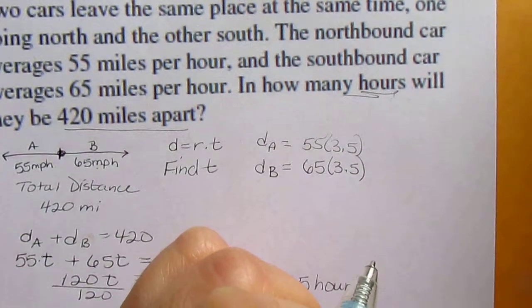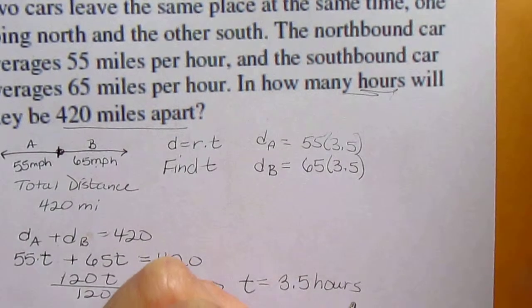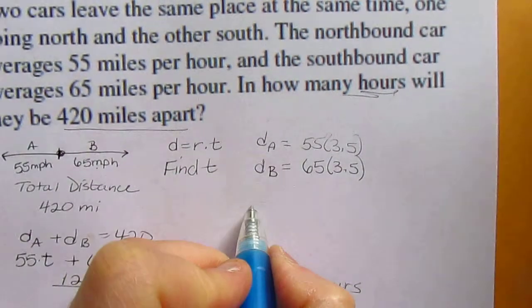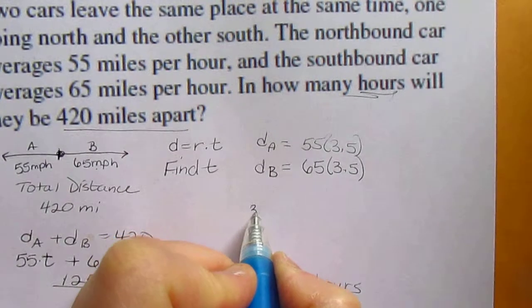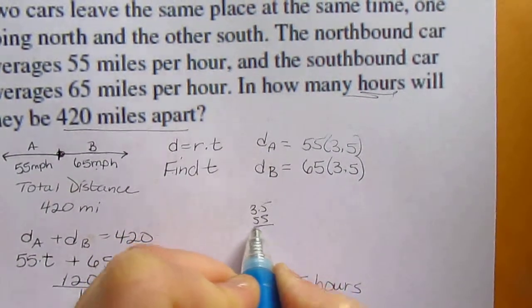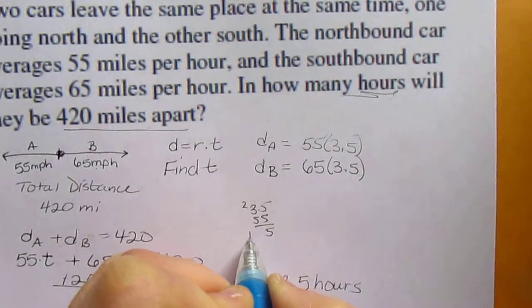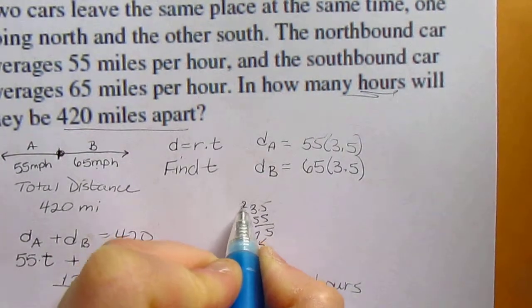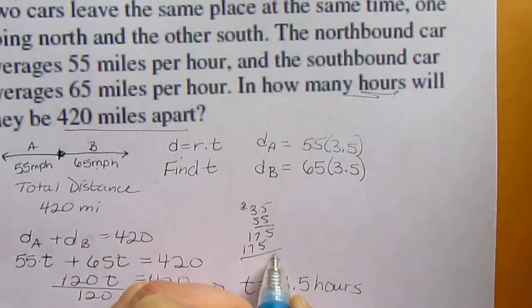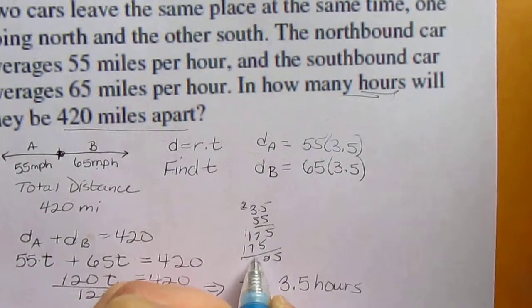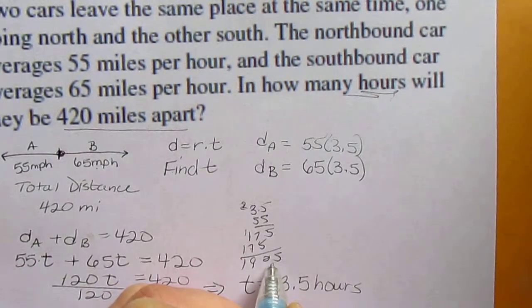Believe it or not, I didn't do this, so I need to do it longhand. 3.5 times 55. One decimal.